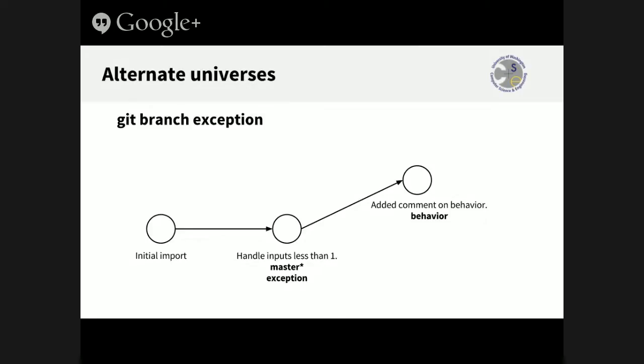Again, it will create a duplicate of the current commit and everything in the past, but it won't jump you to it. So that's why the exception branch is located here. It's basically the same thing as master. Does that make sense? Yeah?